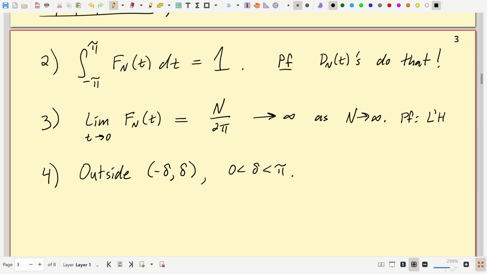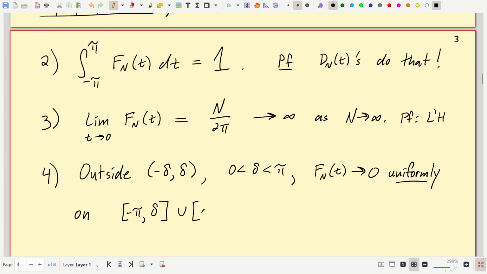So outside that interval, Fn of t goes to 0 uniformly. On, let's see, what's the rest? The rest of the interval there would be minus pi to minus delta union delta to plus pi, as n goes to infinity.